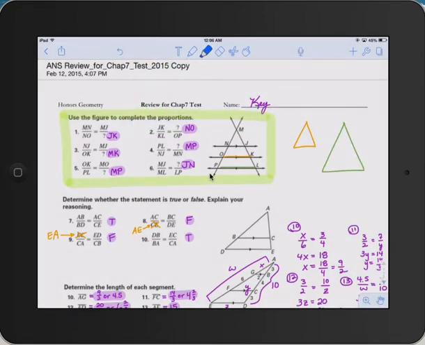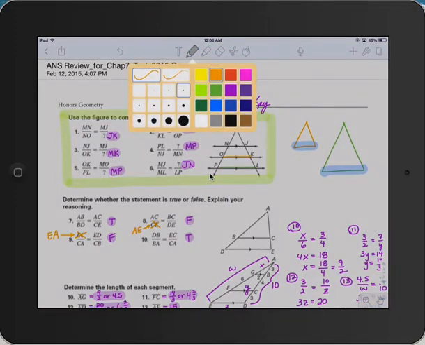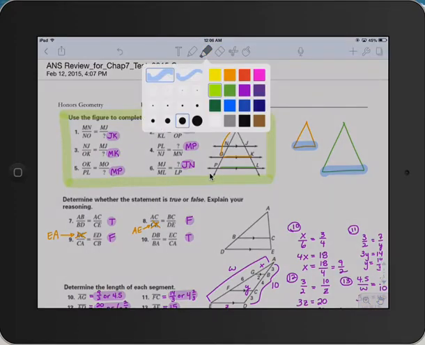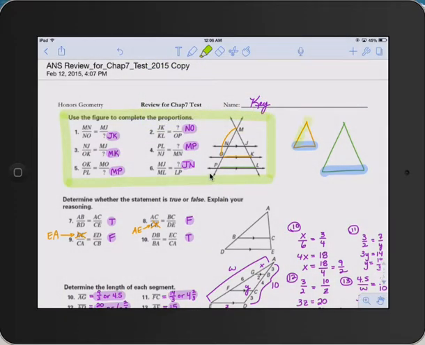So it's saying if you go bottom of the medium triangle to bottom of the big triangle, and then your next one should be MO. Well, MO is the side of the medium triangle. You want to use the corresponding side of the big triangle. And what is that? That's MP. Okay, so you're really comparing corresponding parts of the similar triangles.